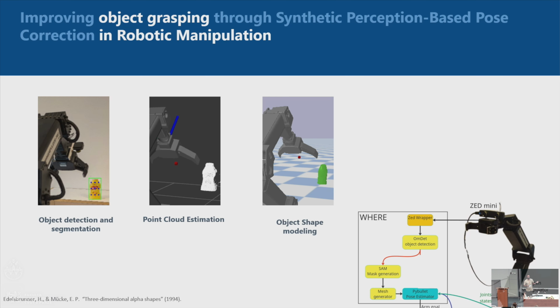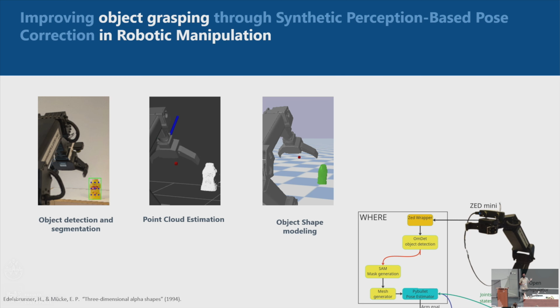Then we use a simple alpha shapes algorithm and some filtering and clustering to build, in a sense, a very rough mesh of the object. We're trying to build a 3D model of the object as we go, because we have no prior information about the object. So with that, we have what we need to try to grasp it.